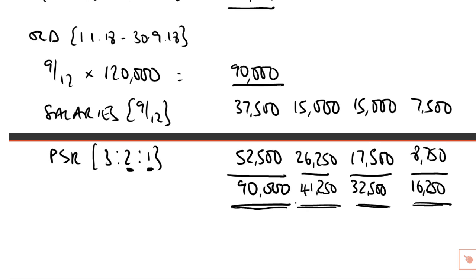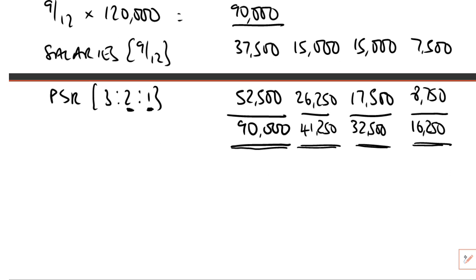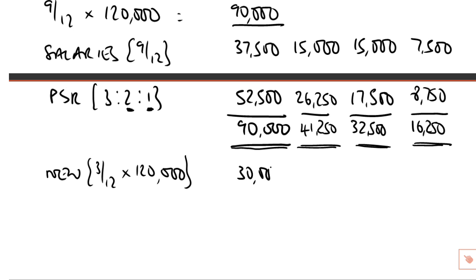We've dealt with the 3 partners up to the date when partner A left. Now that, of course, just leaves the remaining 3 months, which was where our new agreement applies, 3/12 of 120, of course, £30,000 here. Now what do we have? Well, it was nice and simple, wasn't it? We got no salaries, we got no interest on capital. All we've got is a profit sharing ratio dividing equally those profits between them.